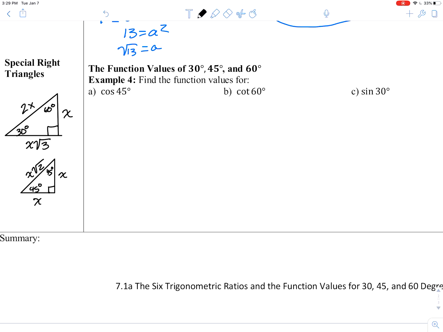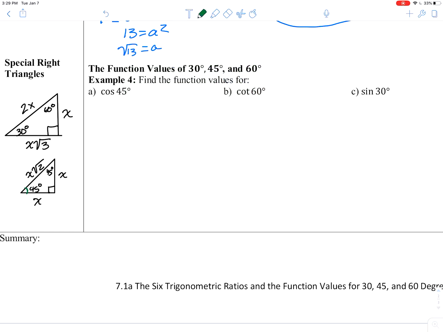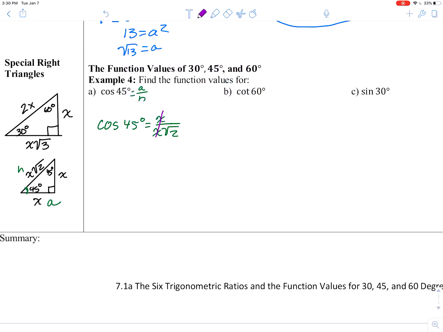So if I'm asking you for the cosine of 45 degrees, I could go ahead and put my perspective on this angle, and cosine is adjacent over hypotenuse, if you recall, and so I need the adjacent side and the hypotenuse. So the cosine of 45 degrees is equal to x over x times the square root of 2. And then all we need to do, of course, is simplify that. So I'll go ahead and cancel out my x's here.